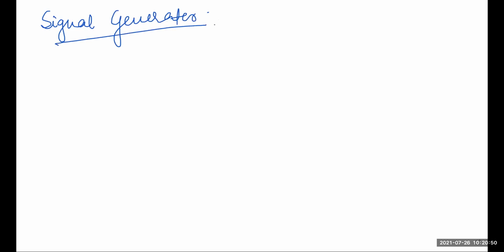I think my whiteboard is visible. Okay, so I'm writing here: signal generator. Now, signal generator, what is that?